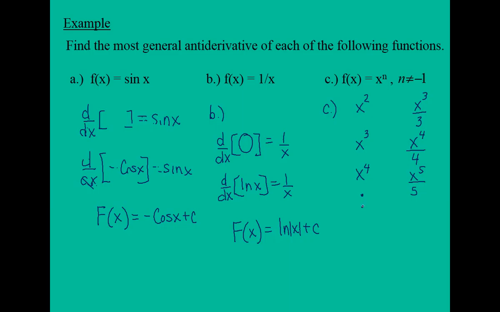So if we generalized this and asked what's the antiderivative of x to the n, we would say x to the n plus 1 all divided by n plus 1 plus some constant of integration. Now it says n cannot equal negative 1. Well, if n equals negative 1, this is the same as 1 over x, and we saw the antiderivative of 1 over x is ln of x.